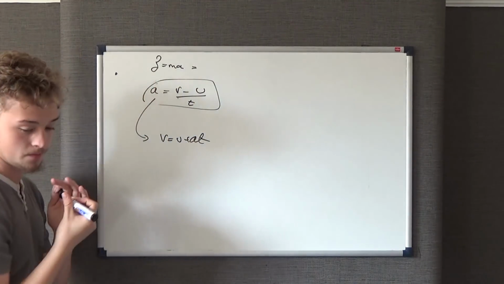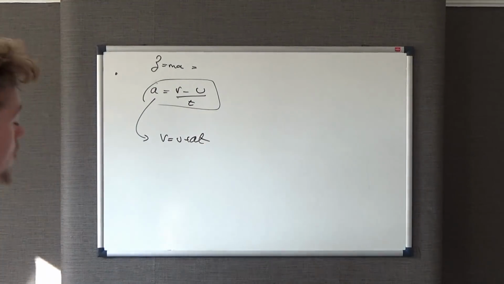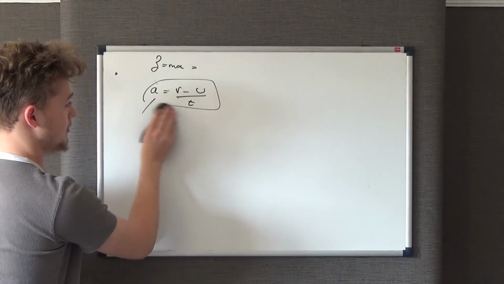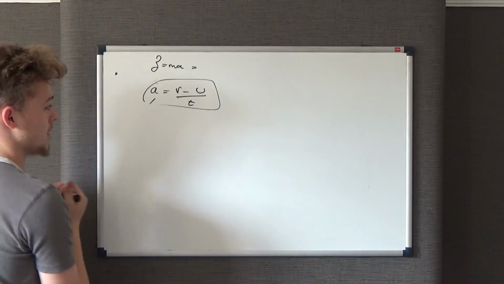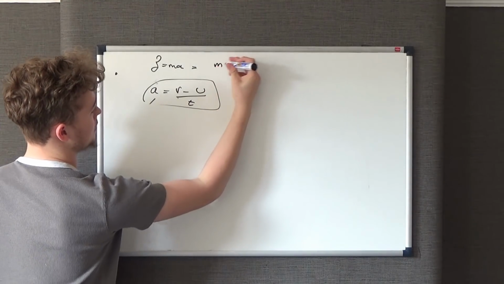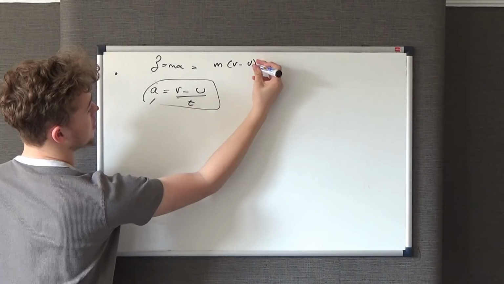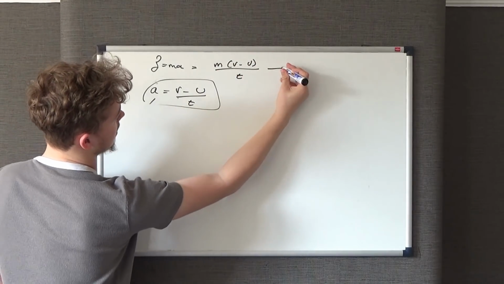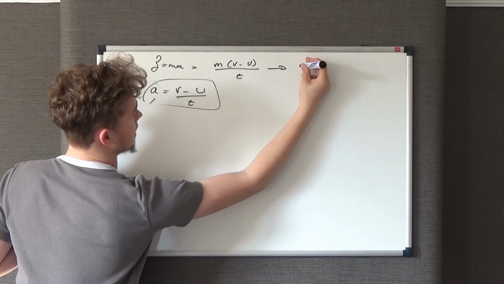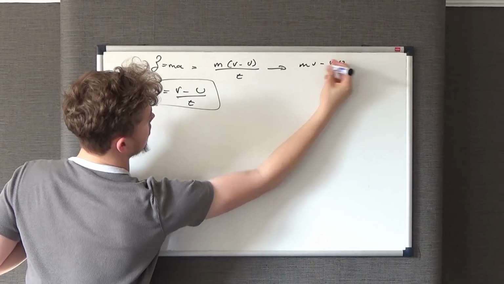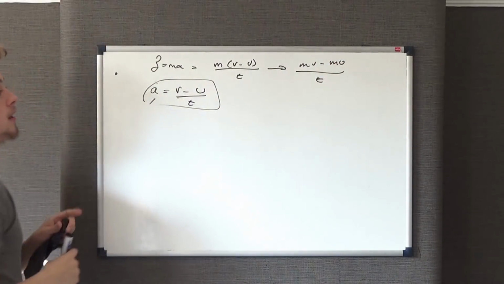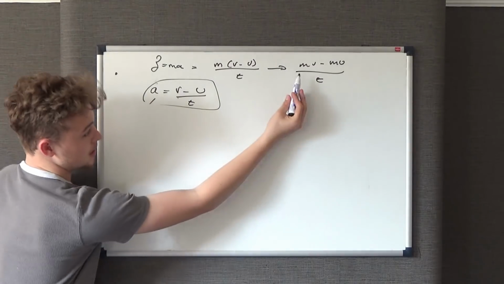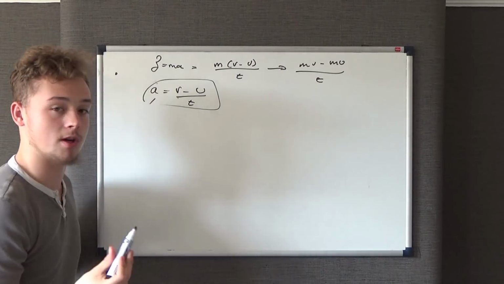So F equals ma, and if we put a as v take u over t, we get m times v take u over t. Expand the top bit out, so it's mv take mu over t. This mv take mu is the bit we're interested in here.